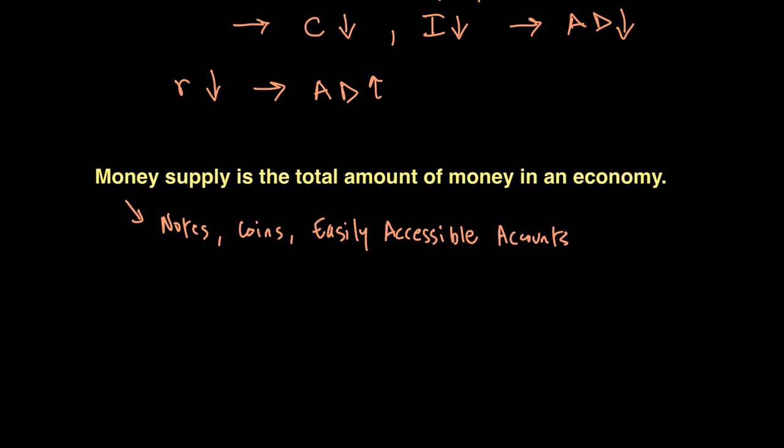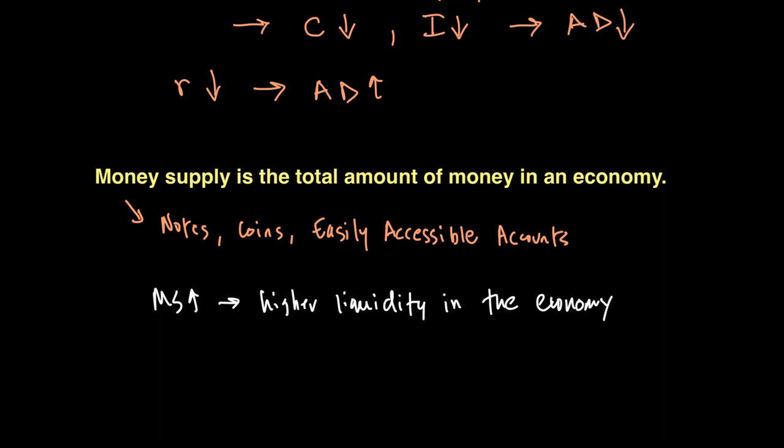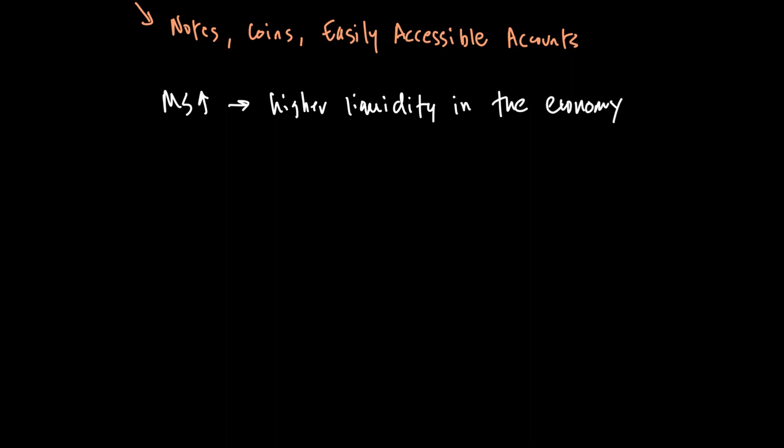Now, we find money supply to be a little difficult to manage in an economy, and that's why governments normally use interest rate as a tool. But still, money supply is a tool of managing, because when the money supply goes up, we can say that there is higher liquidity in the economy, and this higher liquidity may translate into the idea that more money is being printed, and therefore more cash is suddenly available.